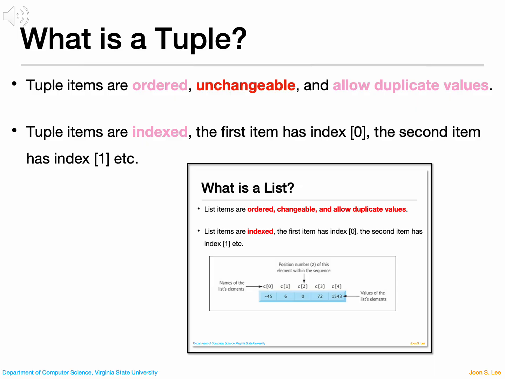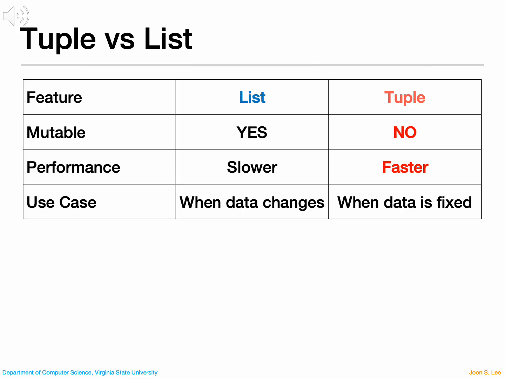So when we compare tuples to lists, the key difference becomes clear. Lists are ordered and changeable, while tuples are ordered but unchangeable. Let's look at how tuples and lists compare side by side. Both are ordered collections, but the key difference is mutability. A list is mutable, meaning you can add, remove, or modify its elements after it's created. A tuple, on the other hand, is immutable.